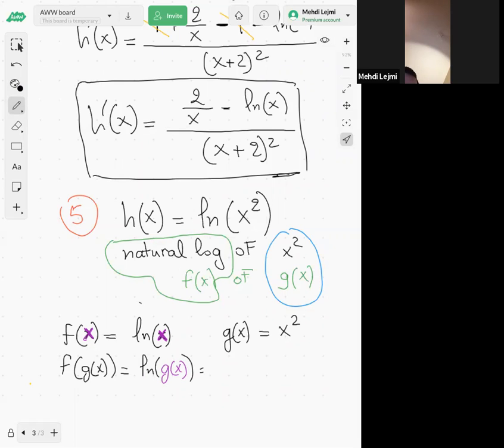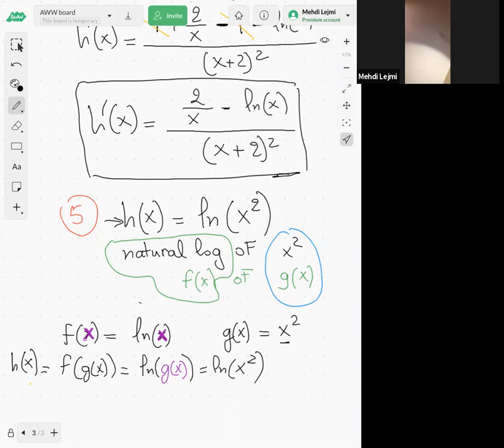So it's natural log of x squared, and that's exactly my h. So my h is the composition f of g of x, where f is natural log of x and g of x is x squared.